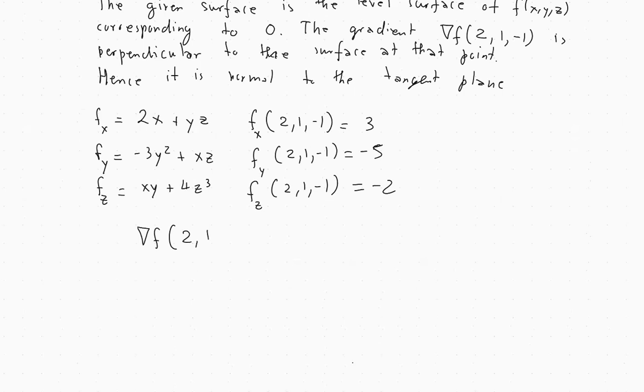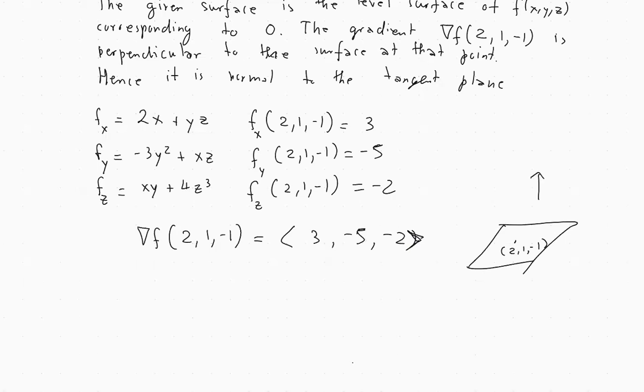So what do we have here? We have a plane whose equation we're looking for. We know it goes through the point 2, 1, negative 1. And we know that a normal vector to that plane is given by the gradient that we just found, which is 3, negative 5, negative 2.